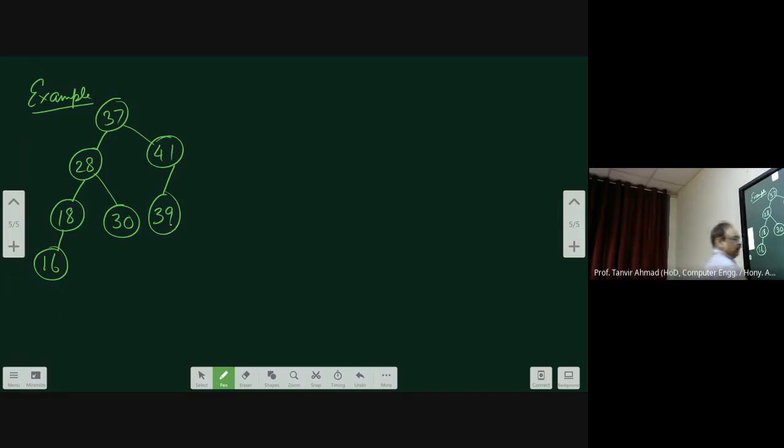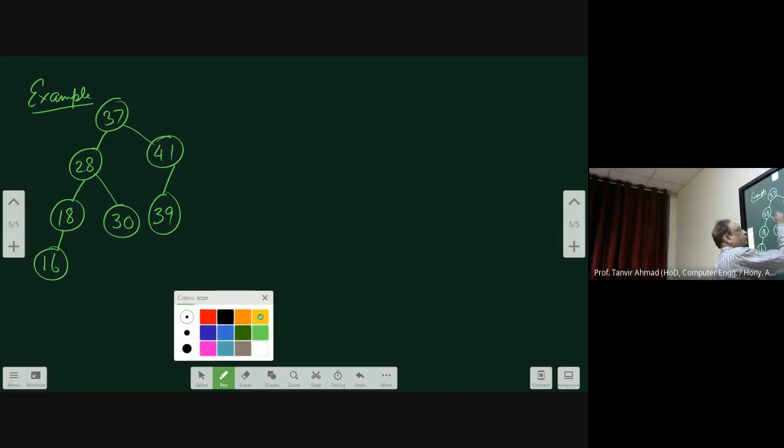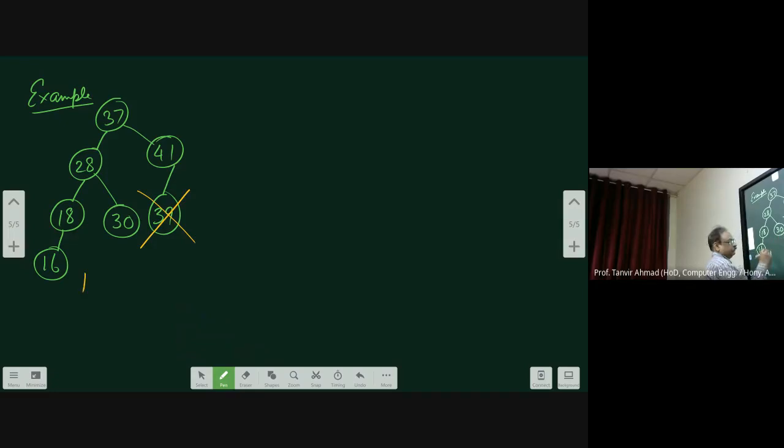And you have to delete this node. Now check the balance factor of B. What is B? 28. That means this is B. This is A. Now what is the balance factor of B now? It is plus 1. Therefore you apply R1.